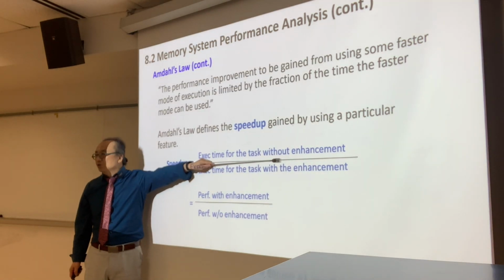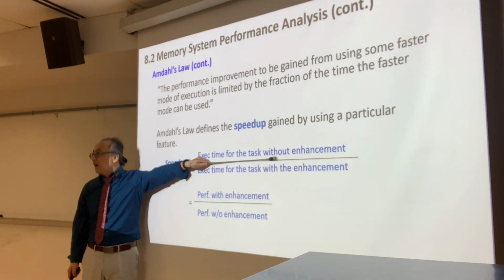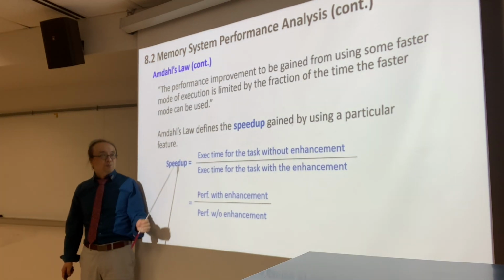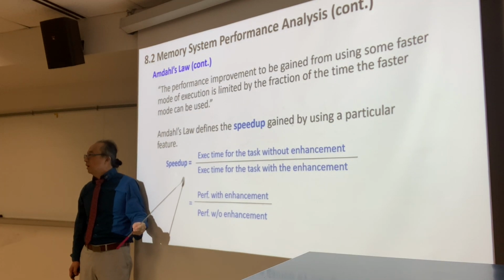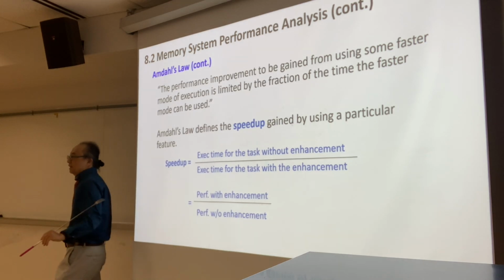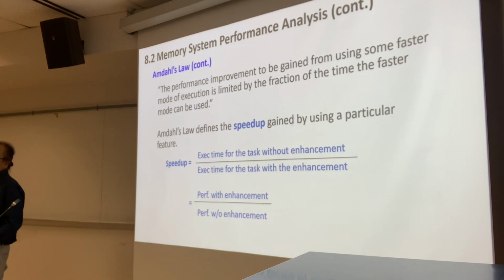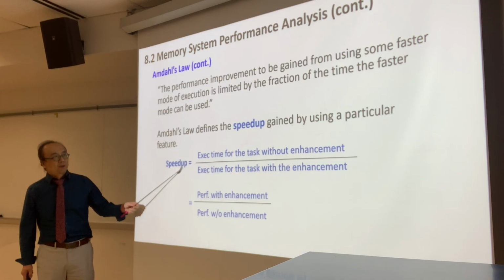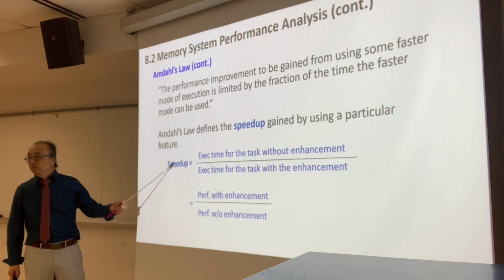Obviously, execution time without enhancement is larger than execution time with enhancement. So this speed up has to be greater than 1. If you say speed up is less than 1, let's say 0.9, it's not speed up. It's really lagging the performance. So speed up has to be greater than 1. Take a note on that.